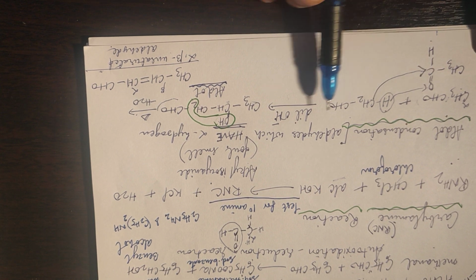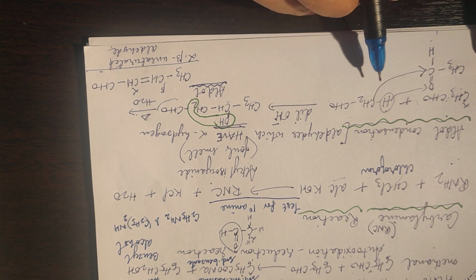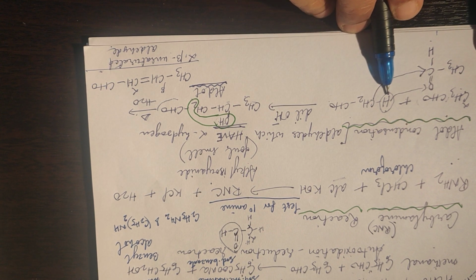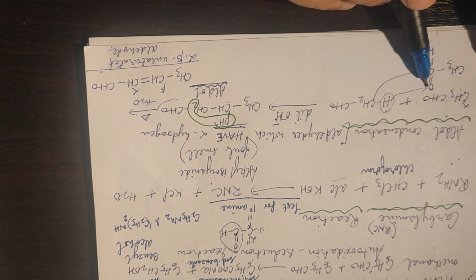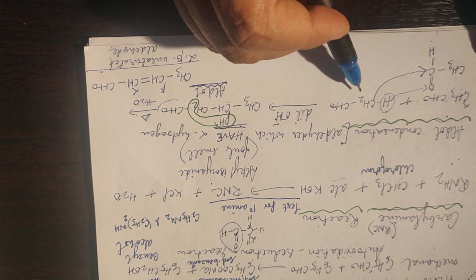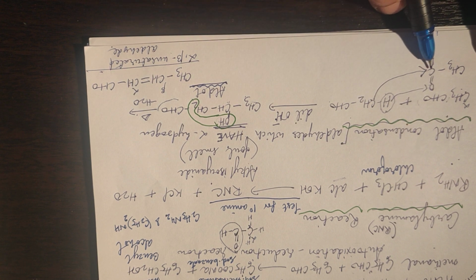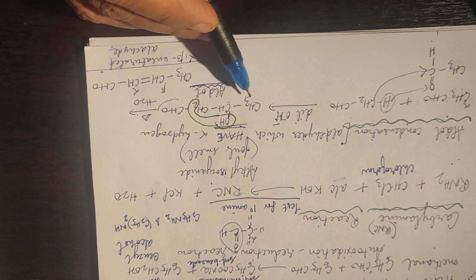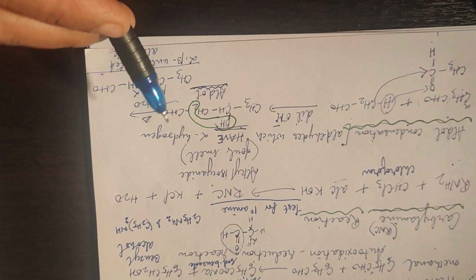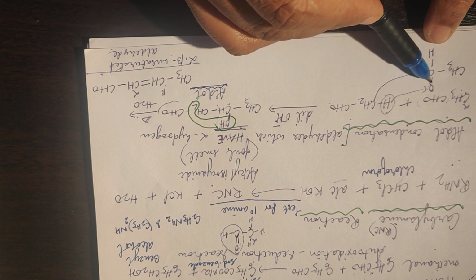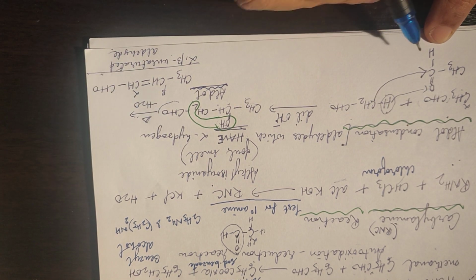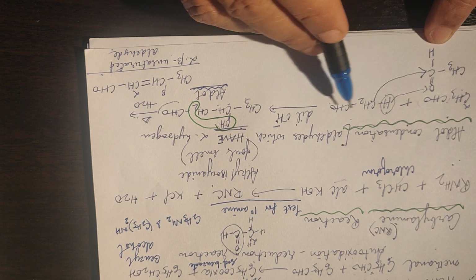Now when these two are added in the presence of dilute alkali, the alpha hydrogen of the second molecule will add on to the carbonyl oxygen, making it OH, and this CH2 group will get attached to the carbon of the aldehyde group, and so you will get an addition product like this, that is CH3 CH. Now this hydrogen is attached to oxygen, so it becomes OH, and then this C will attach this CH2CHO.